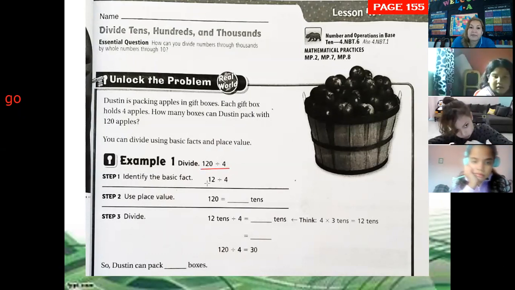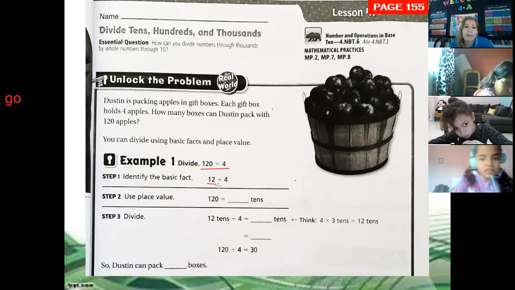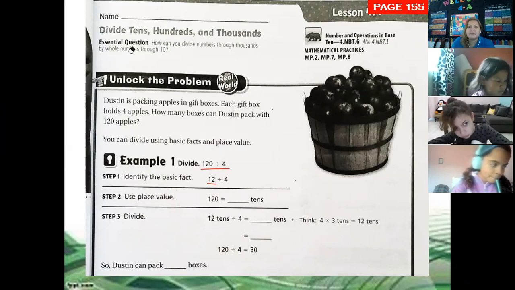But the basic fact is the division without zeros. So 12 divided by 4. It is easier for us to divide 12 than 120.